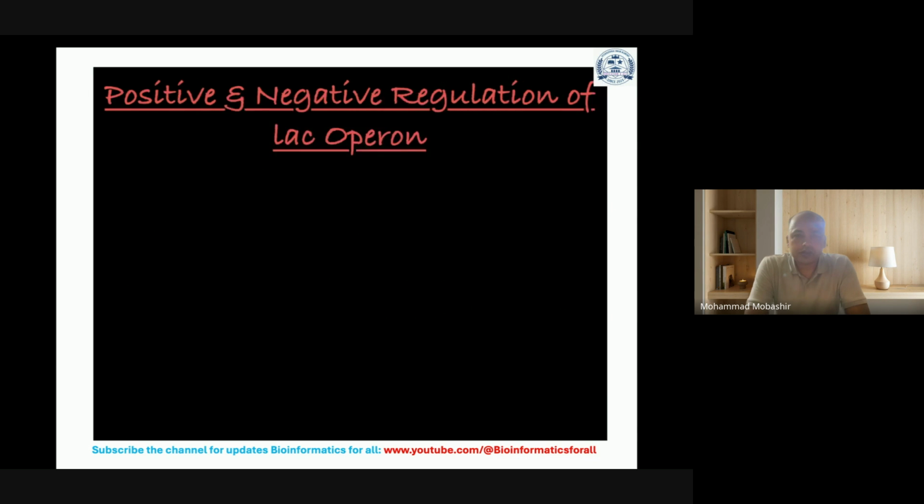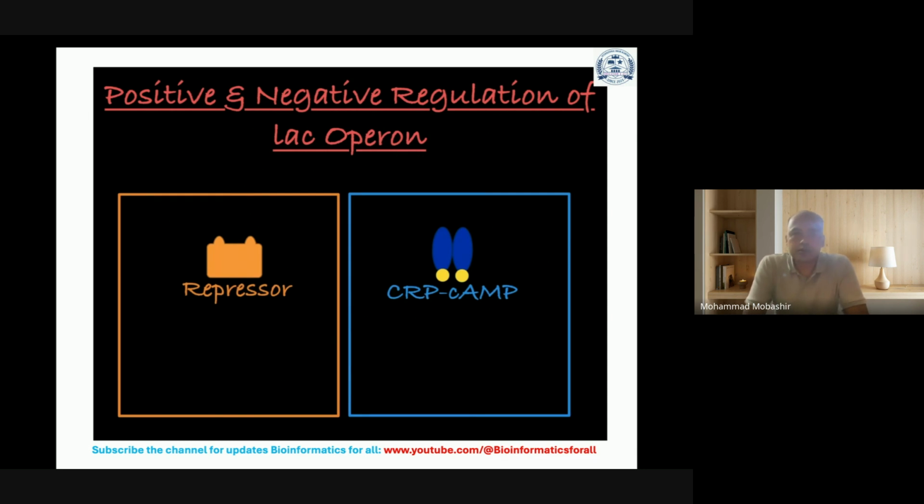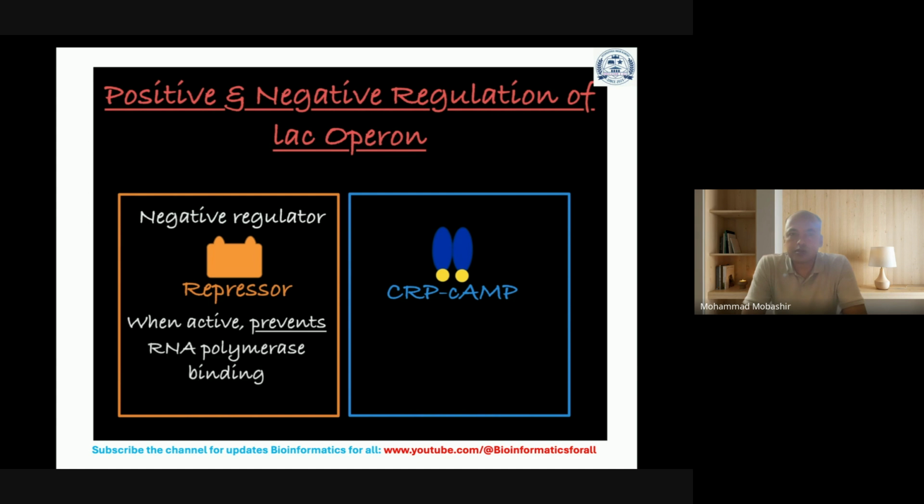You can see that the lac operon takes advantage of two different regulators, the lac repressor and CRP, to broaden the range of environmental cues the operon responds to. The lac repressor is considered a negative regulator because when it's active, it prevents RNA polymerase from binding to the promoter.